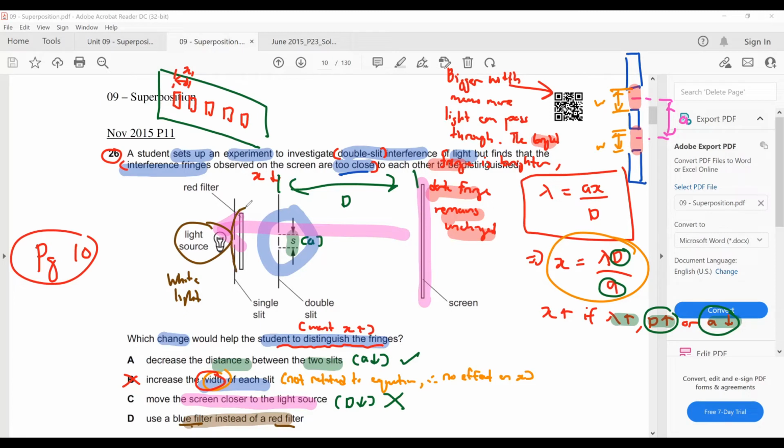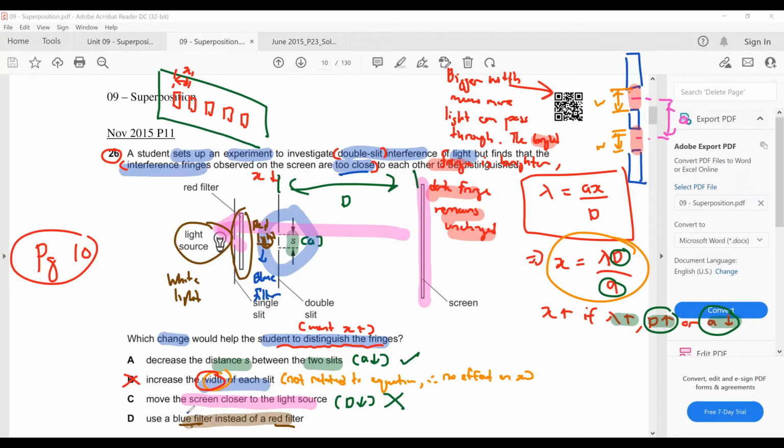You're using a red color filter to get red light. The question says that rather than using red light, you're using a blue filter to get blue colored light.